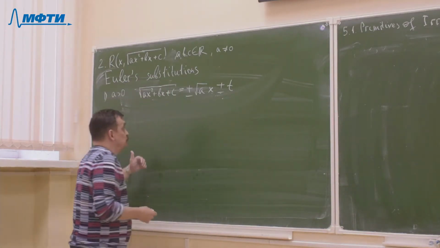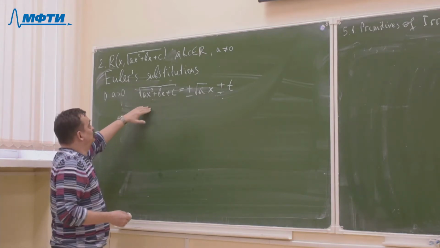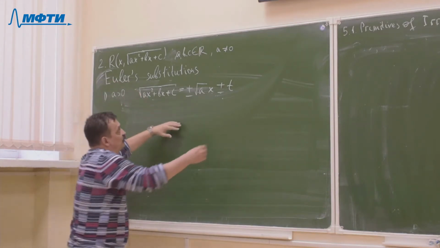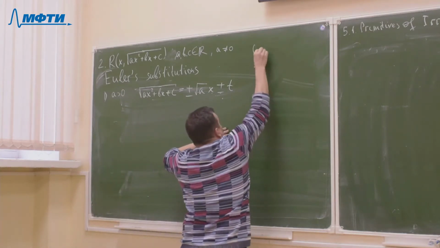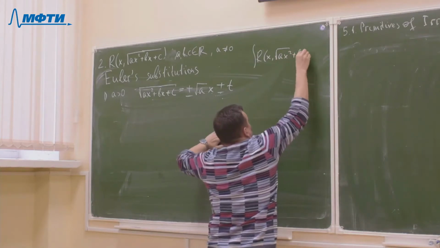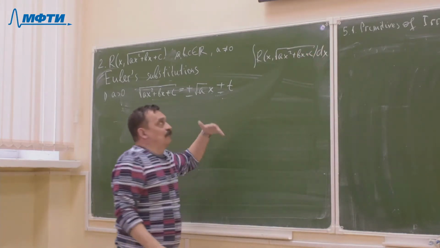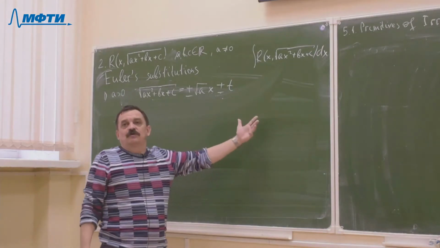How? Look, take a square. So in fact, the main point, we are talking about the integral of r of x, square root of ax squared plus bx plus c, dx, right? And when we make a substitution, what should we do?